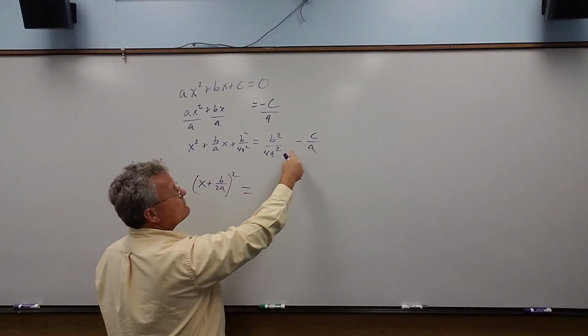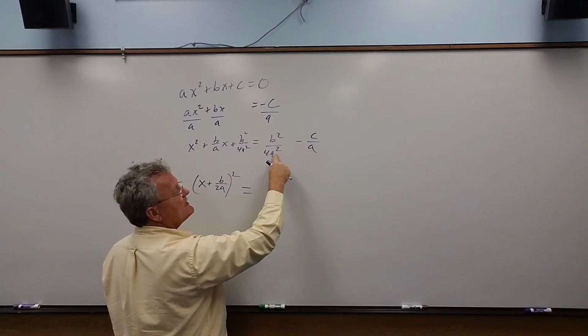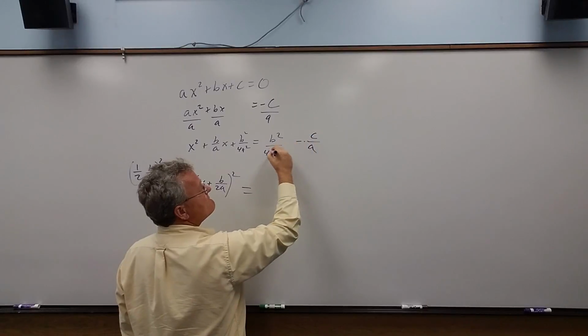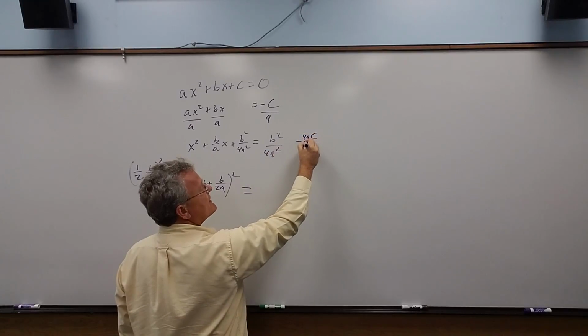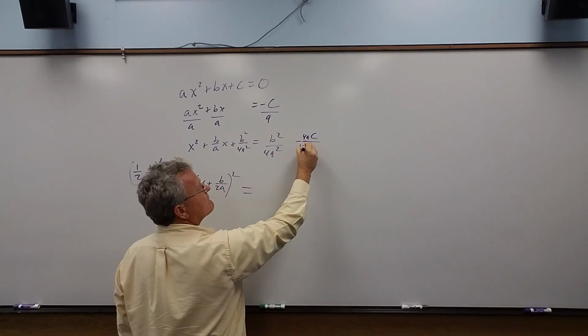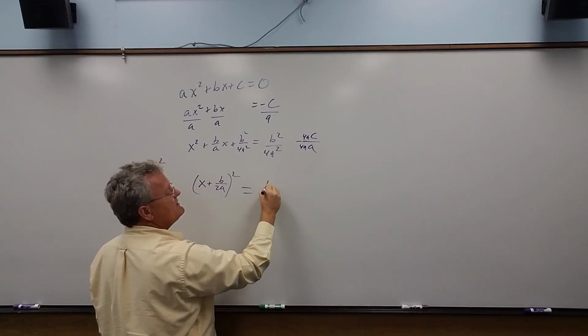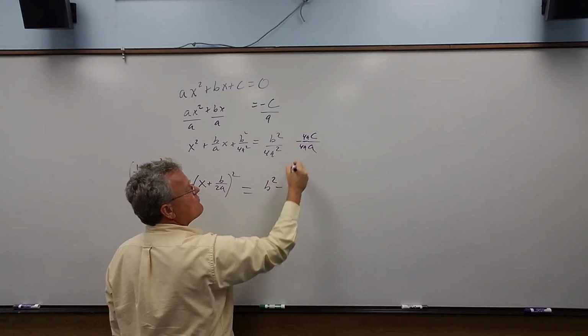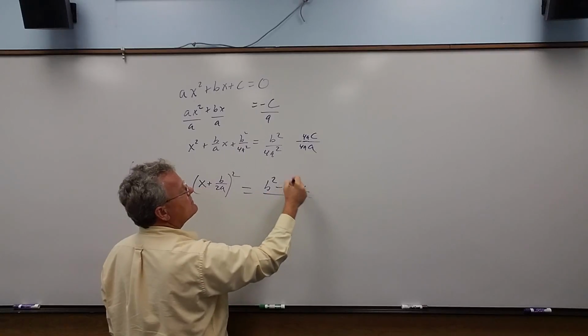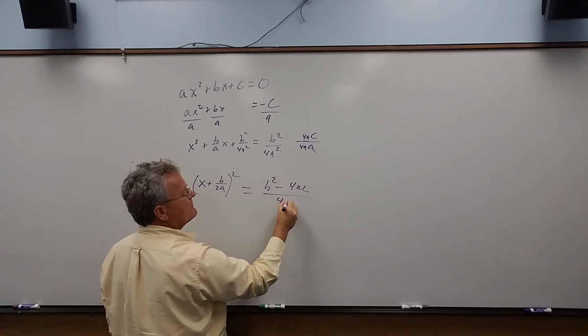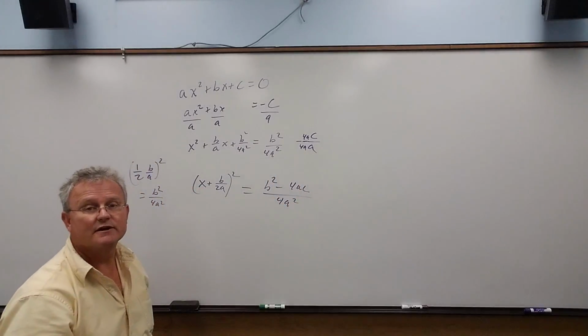On the other side, well, we want to add these together. We need a common denominator of 4a squared, so I multiply this by 4a over 4a, and we get b squared minus 4ac all over our common denominator of 4a squared.